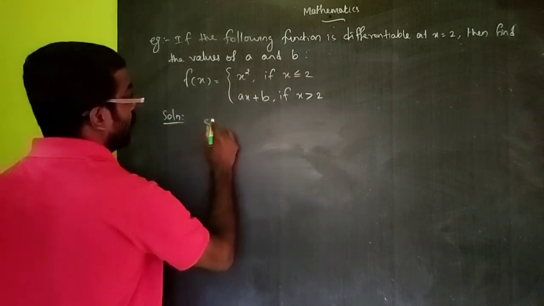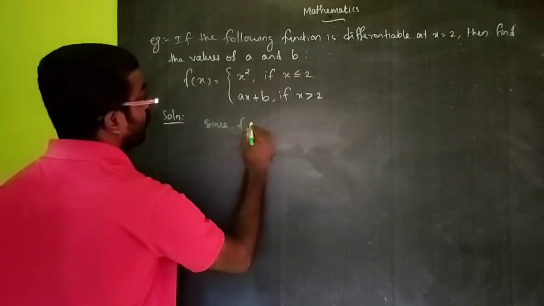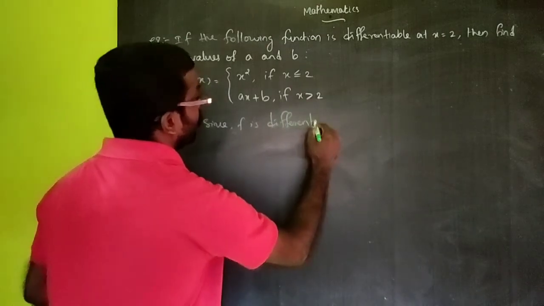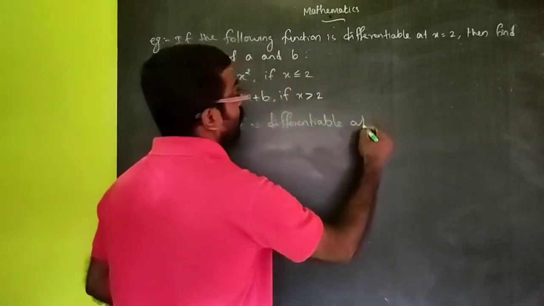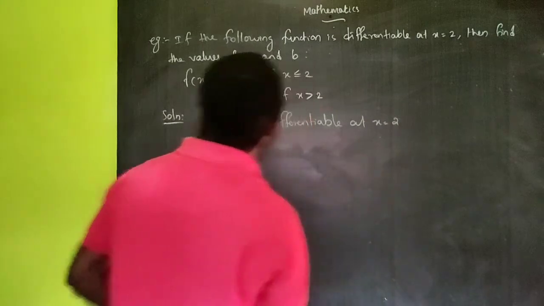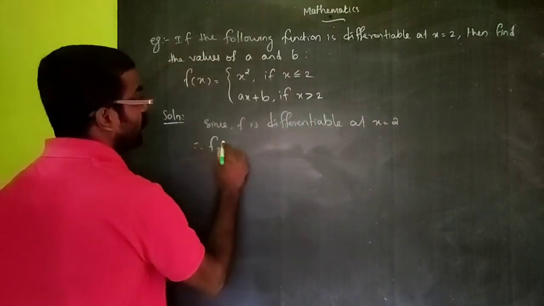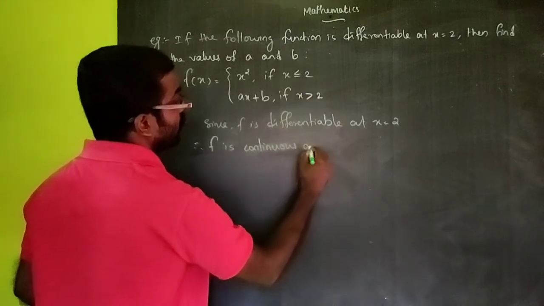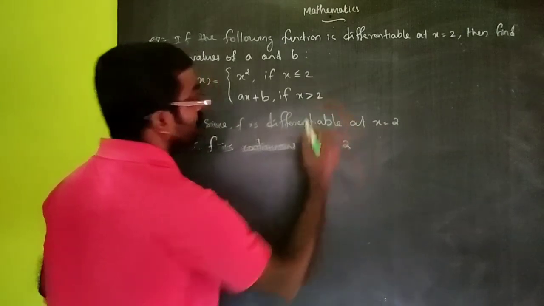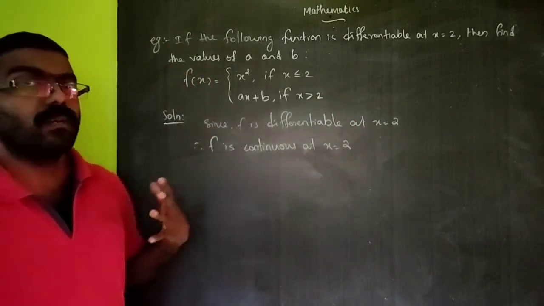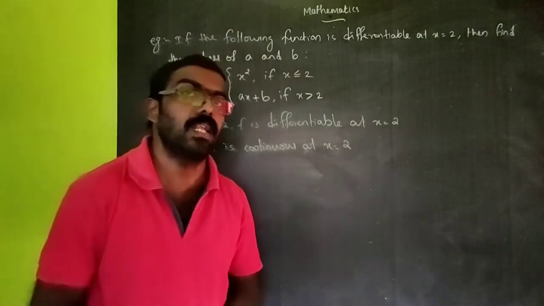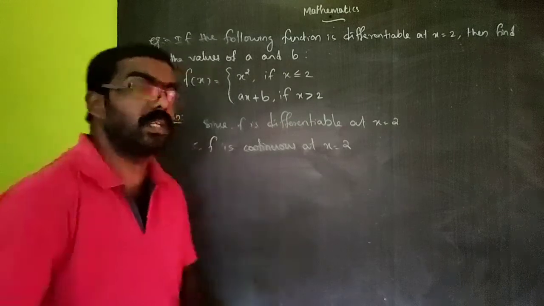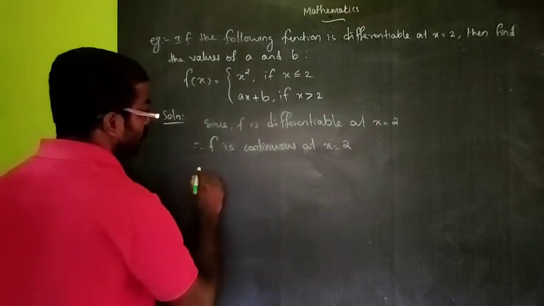So here we can write, since f is differentiable at x equal to 2, therefore f is continuous at x equal to 2. For continuity, we have left hand limit equal to right hand limit equal to value of the function at x equal to c. That condition we can write here.